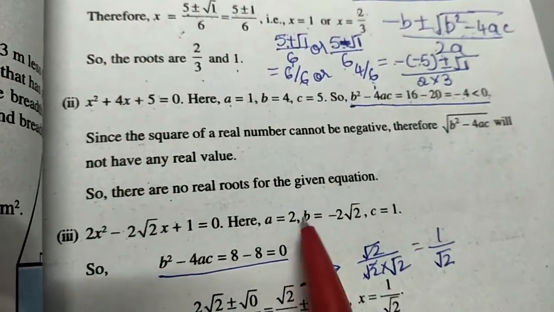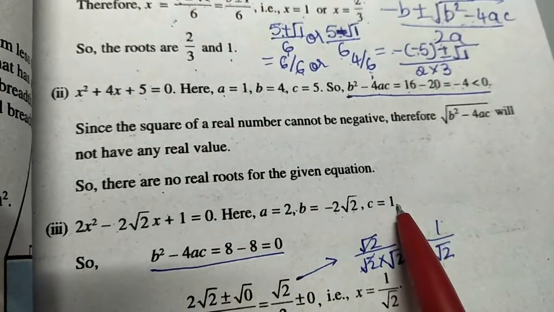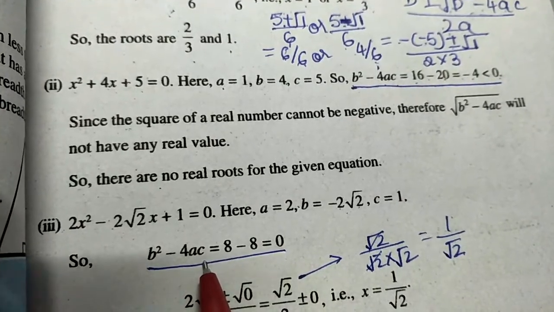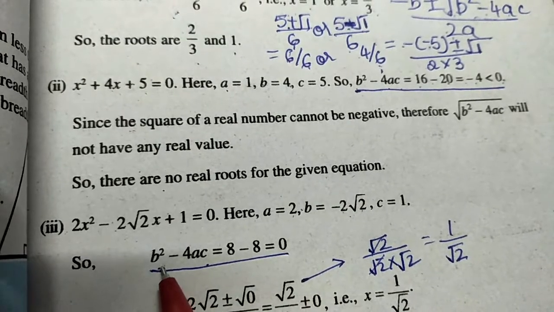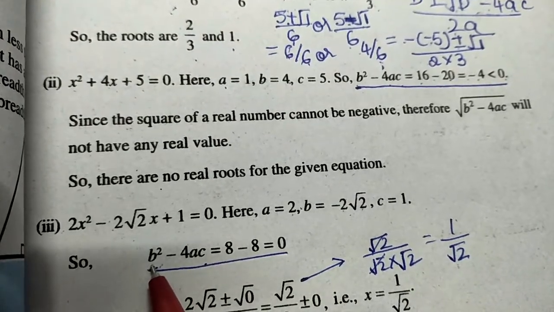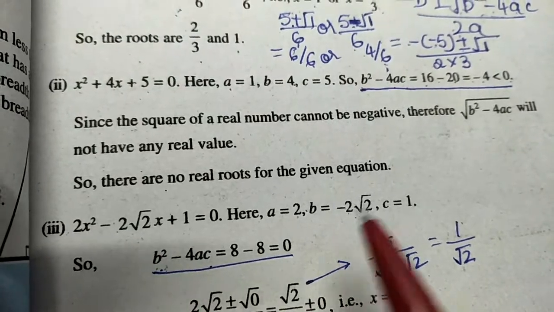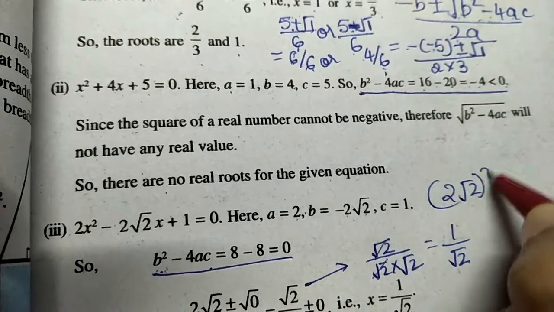Okay. Now we go to the next quadratic equation, that is this given here. Now here a is equal to 2, b is equal to minus root 2 and c is equal to 1. Now if you put this in b square minus 4ac, here you will get b square is equal to the square of 2 under root 2.